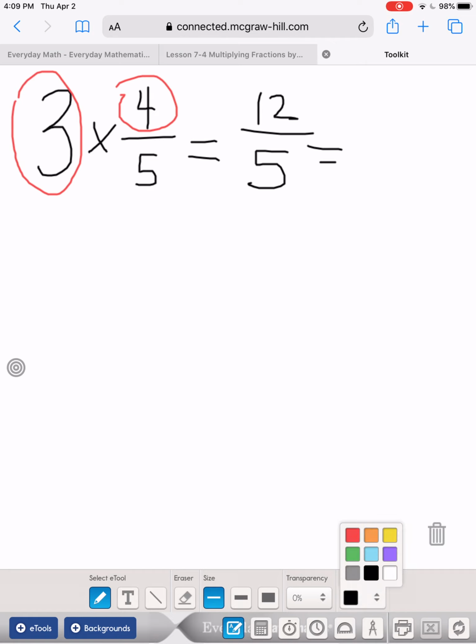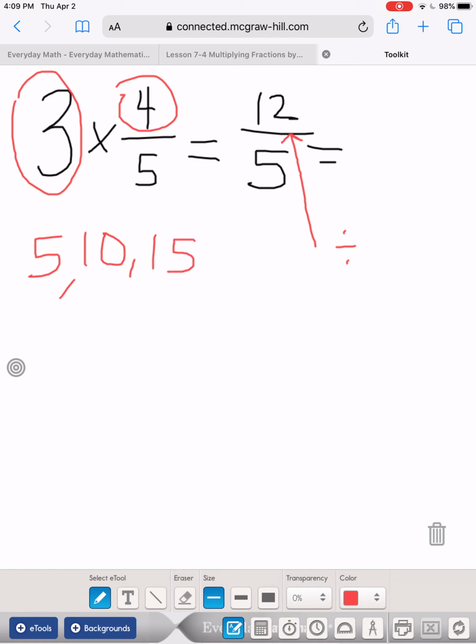Now, the first thing that you could think of is that this line also represents division. But 12 is not a multiple of 5 because we go 5, we go 10, we go 15. We skip right over 12. So what we need to do is figure out how many groups of 5 I can make with 12 without going over.